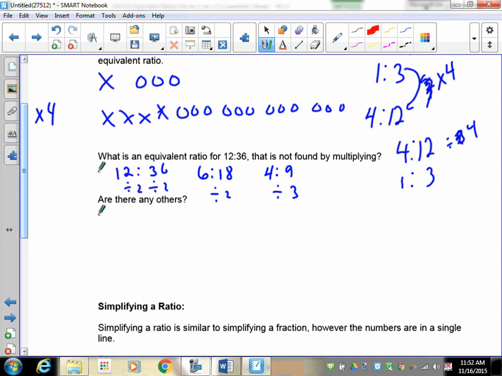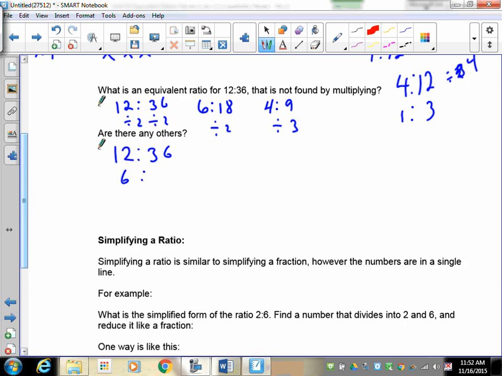So are there others? Well, let's start listing them all. We've got 12 to 36. We divide by 2, that is 6 to 18.